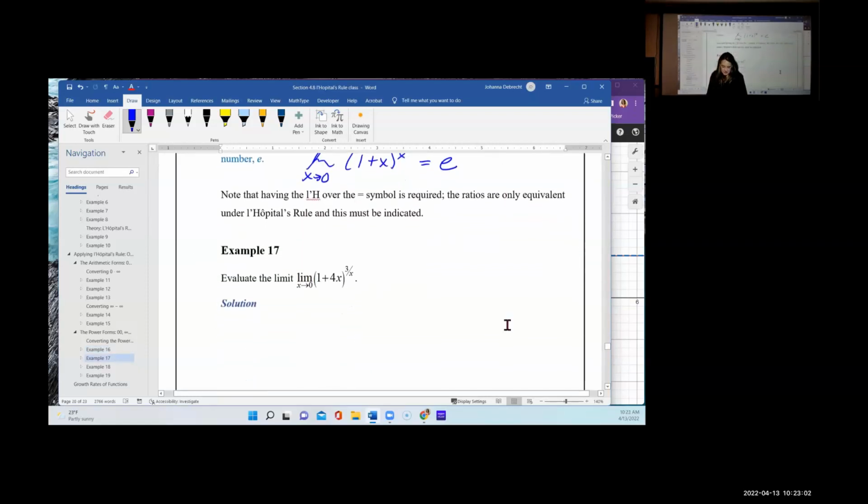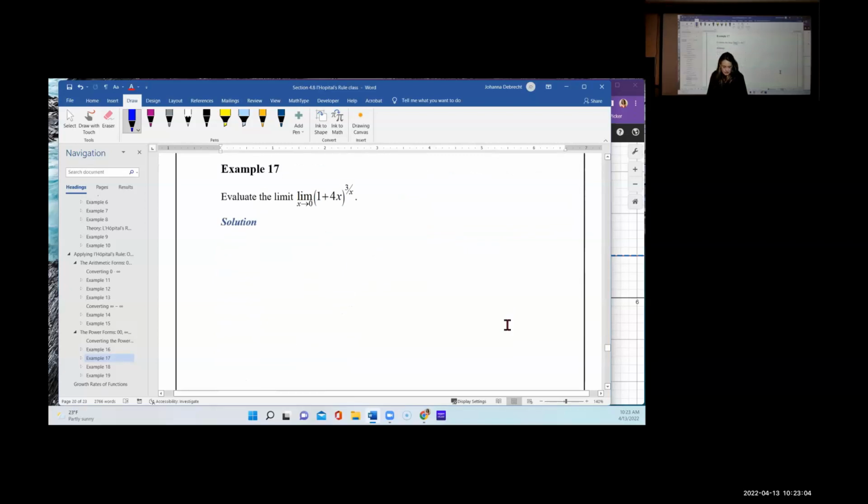Okay, let's apply this process to example 17. We have the limit as x approaches 0 of (1 plus 4x) to the 3 over x. So first step, plug in, see what form you have. If you get a finite real number, you're done.